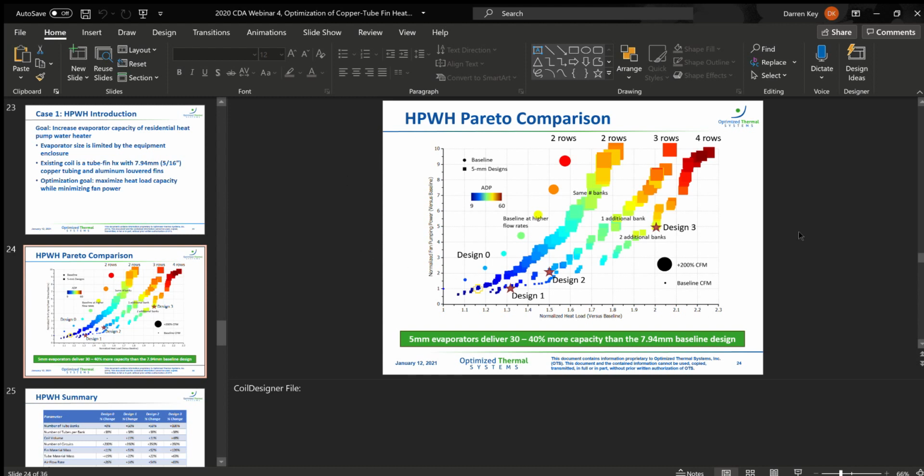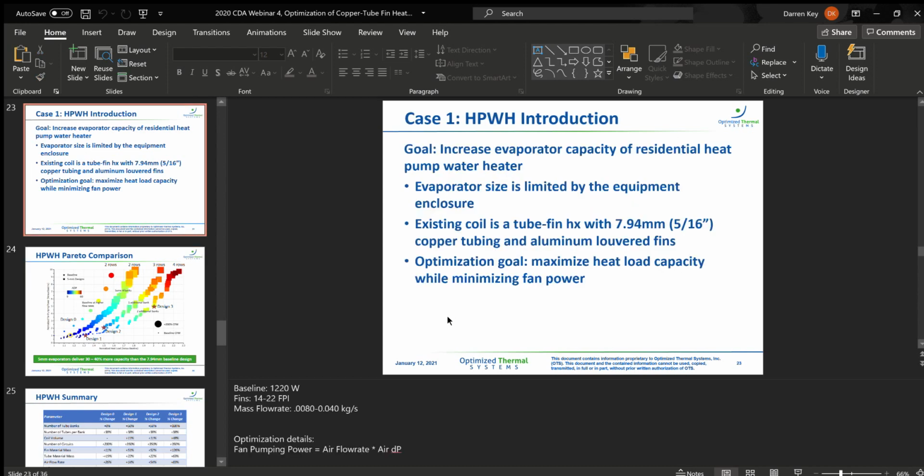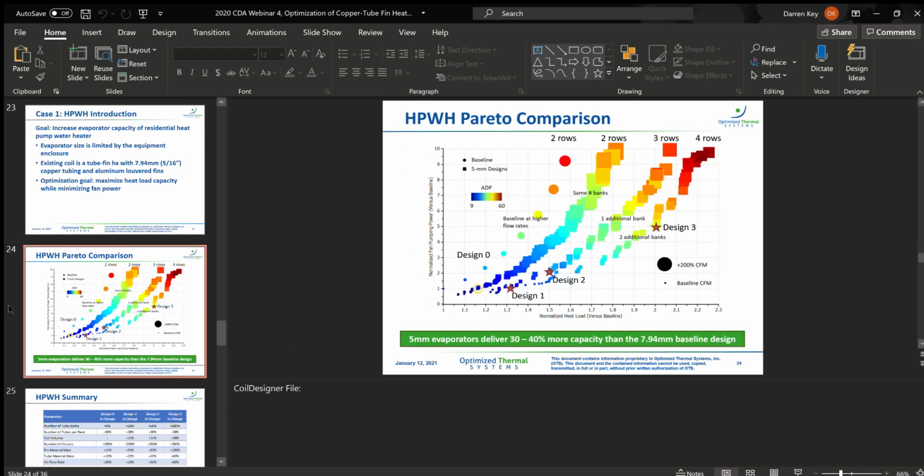This is a sort of a typical output of what you might get from our design tools. So on the x-axis, we have normalized heat load. On the y-axis, we have normalized fan pumping power. The baseline design, which was the original design, is here at 1,1, right here.